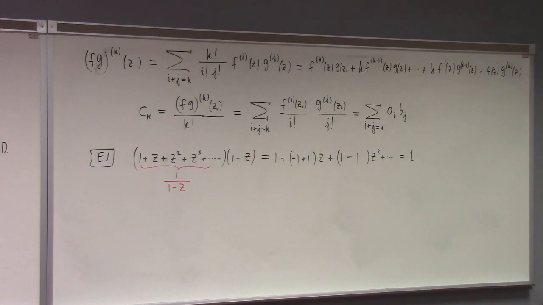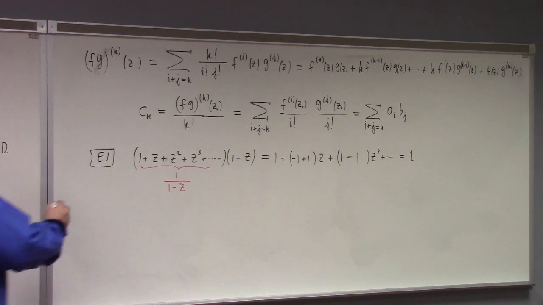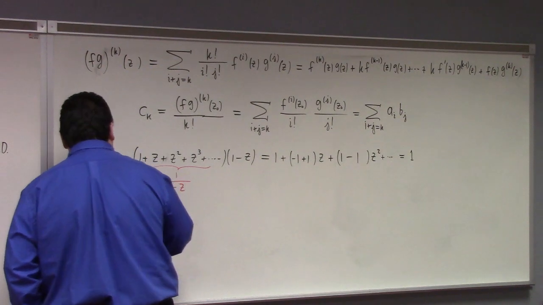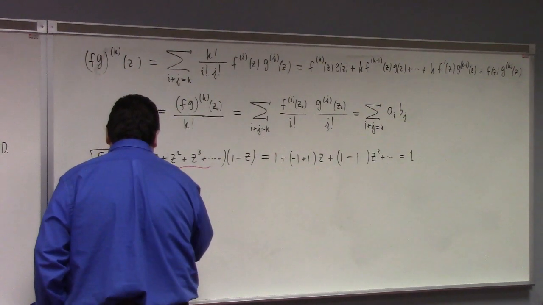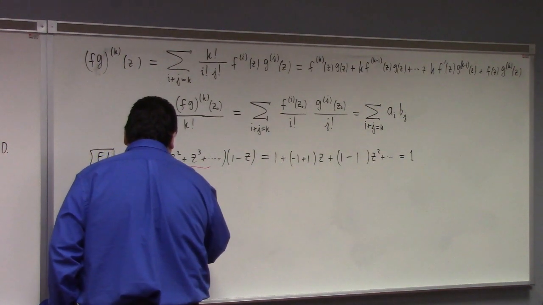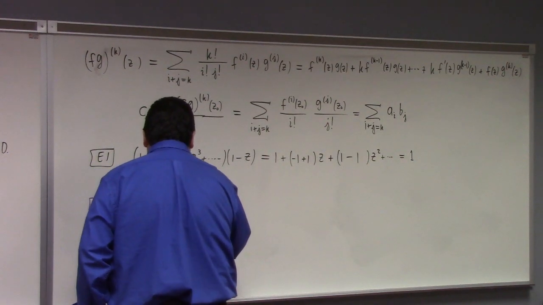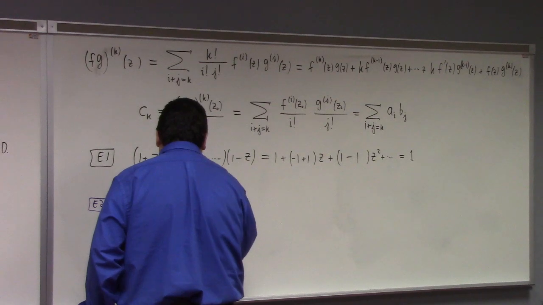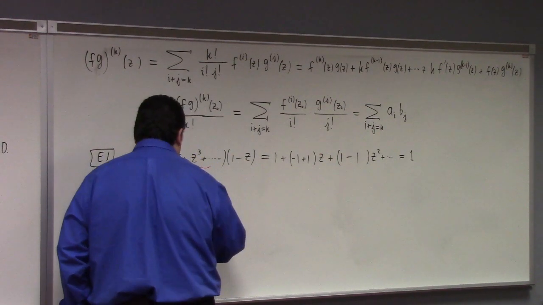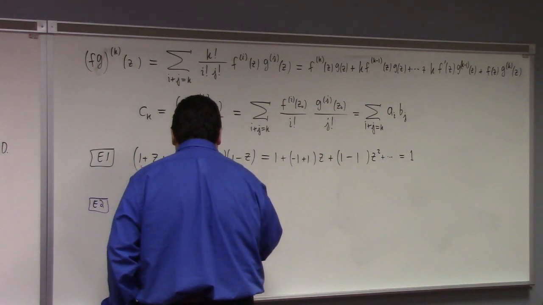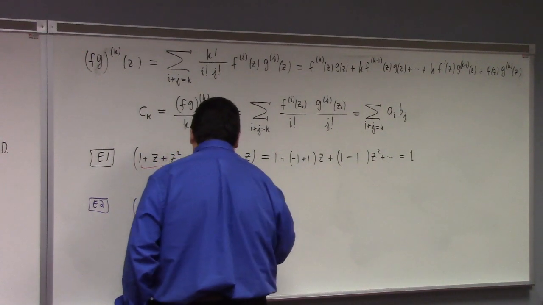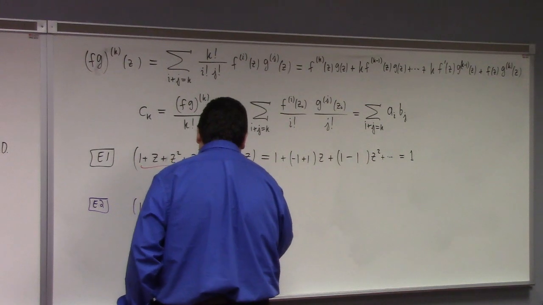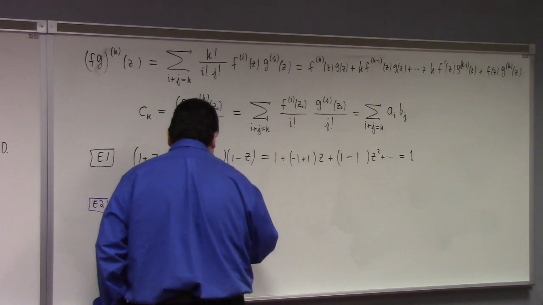How about this? What if we try example 2? What if we try multiplying, let's say, 1 plus 2z plus 2z squared plus 4/3, my bad, fine, I'll show my handiwork, 8/6 z cubed plus dot dot dot.